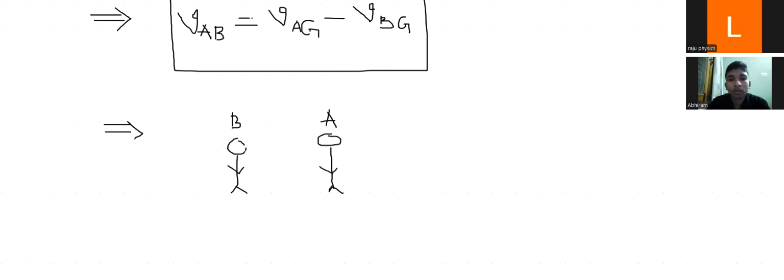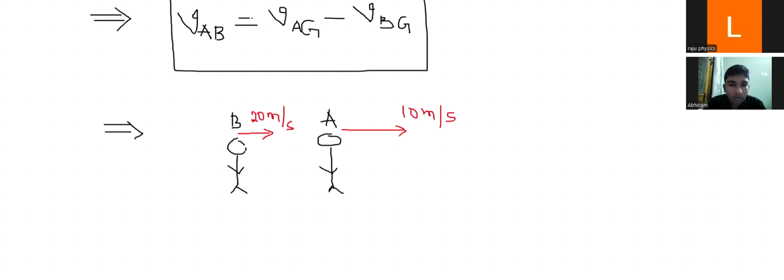So if person A is moving at 10 meters per second and person B is moving at 20 meters per second, here two persons are there.